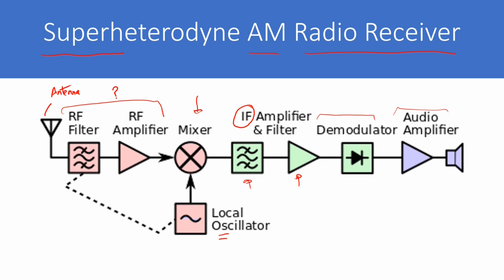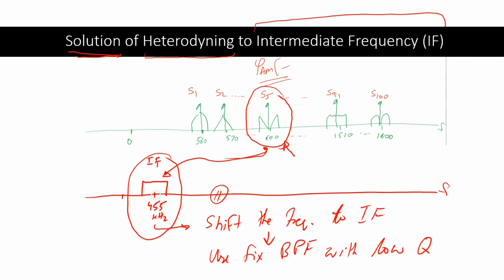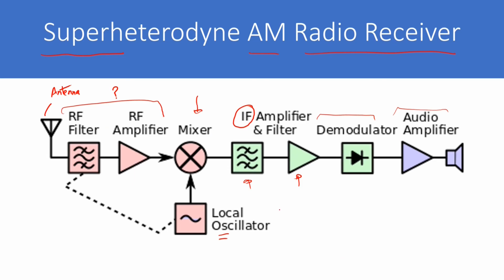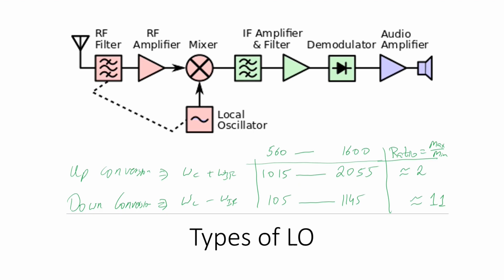So in short, this translation in frequency to the intermediate frequency range is done by means of this local oscillator. That brings us to the question: what are the types of local oscillator, and which one is a good local oscillator? This translation of a given station to 455 kHz can be done by either up conversion or down conversion.